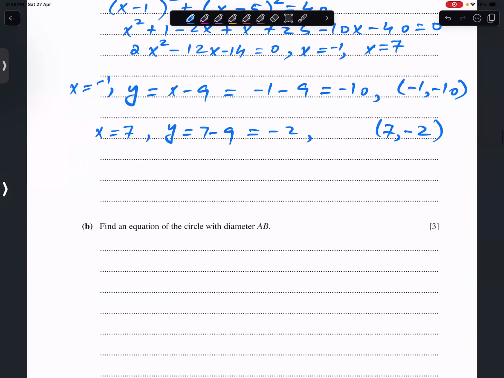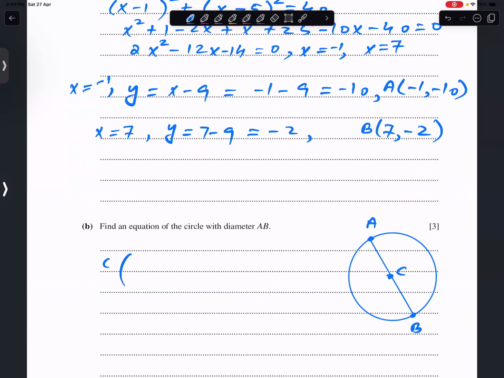Find an equation of the circle with diameter AB. So let's say, students, these are the points A and B. And here we have a circle for which AB is a diameter. So that means the midpoint of AB will be my center.